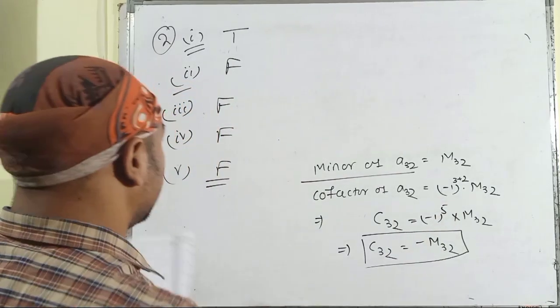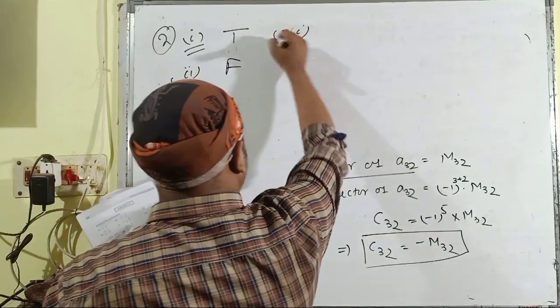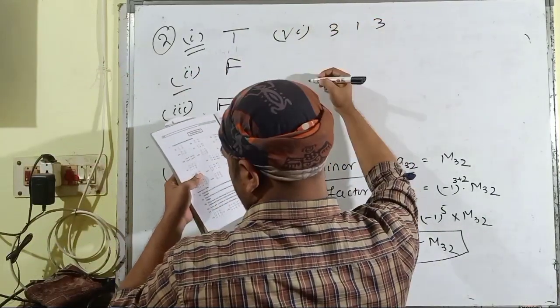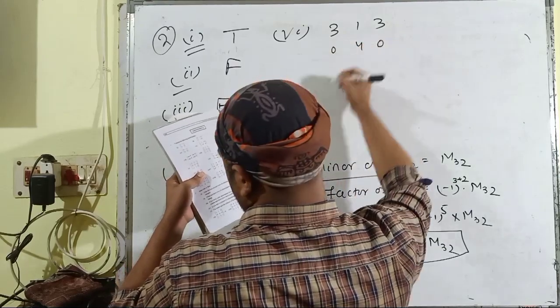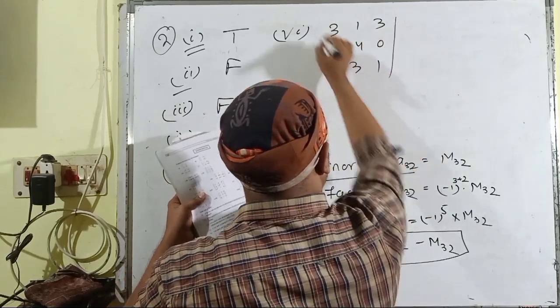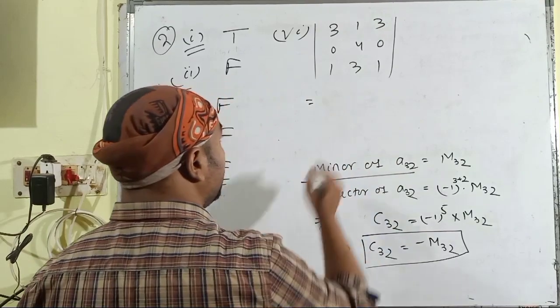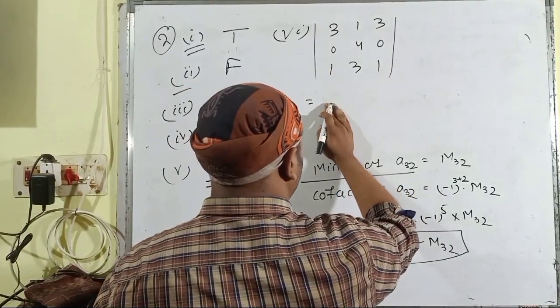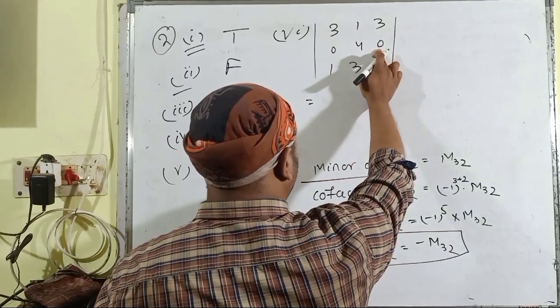Then moving towards the sixth bit. 3, 1, 3, 0, 4, 0, 1, 3, 1. Let us evaluate the value of this determinant. So expanding along row 2 as it contains the maximum number of zeros.